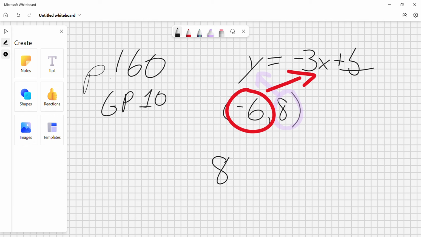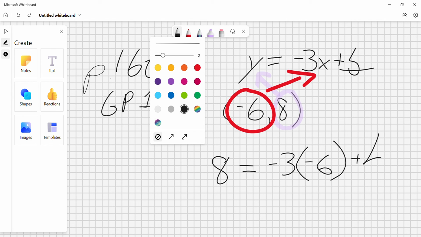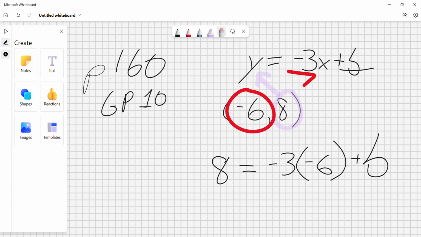So instead of y equals, I'm going to write 8 equals -3 times -6 plus the missing variable we're trying to find, b. Did you catch that? I took the information from this point and I plugged it in.